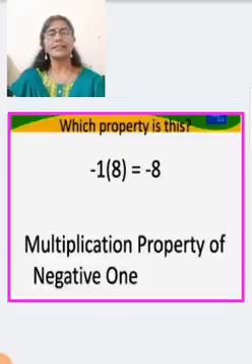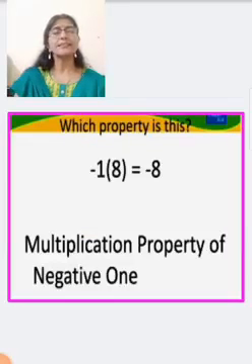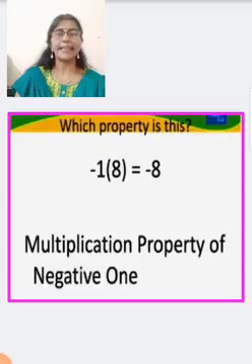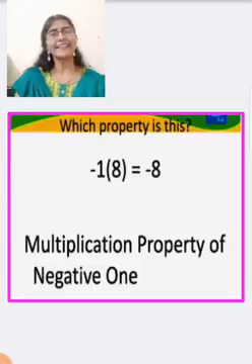Now let us see this. Which property is this? When minus 1 is multiplied by any integer, here 8 is there. Minus 1 multiplied by 8. We get minus 8. This is nothing but this is called as multiplication property of negative 1.